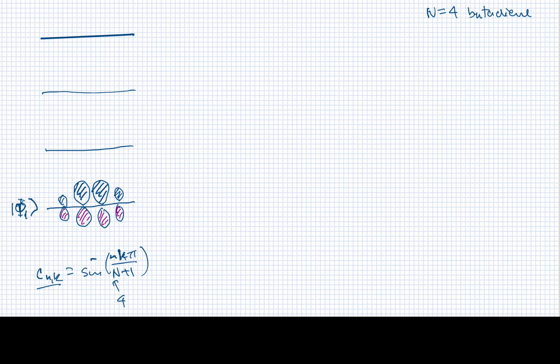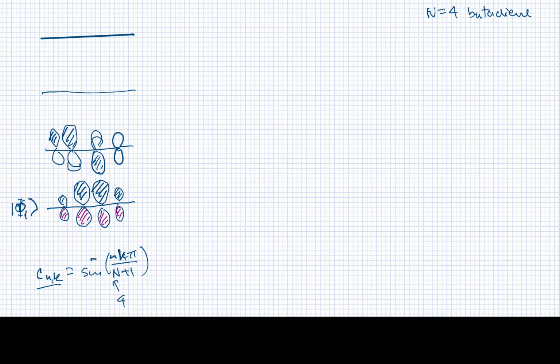For the second one, well, it turns out that 2 of my coefficients here will turn out to be negative. So what they do is they turn the pi orbital upside down. So the first 2 will be oriented in the same way with the positive end on top, but the next 2 will be oriented with the positive end on the bottom.